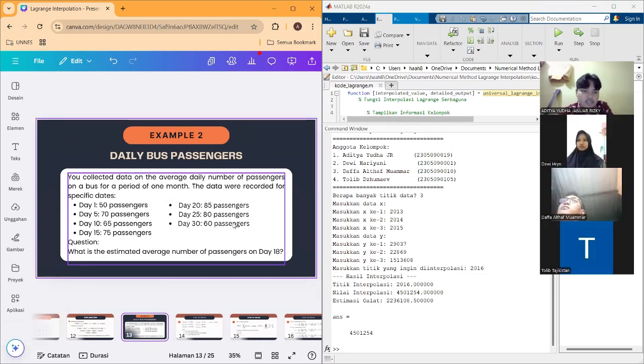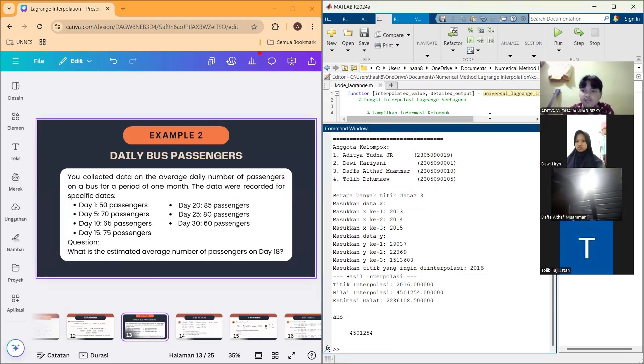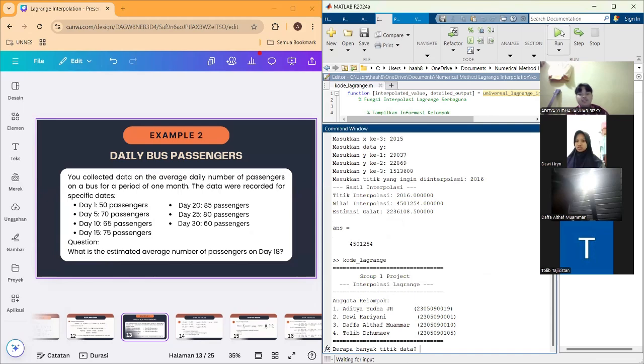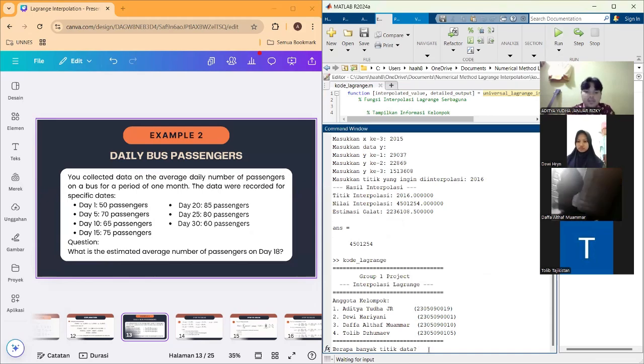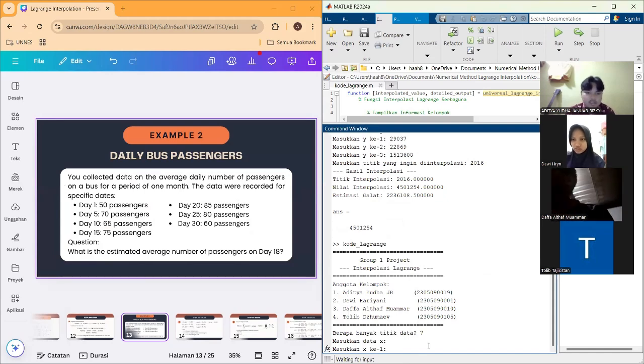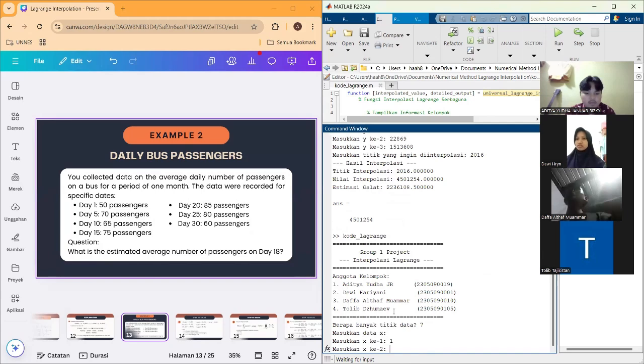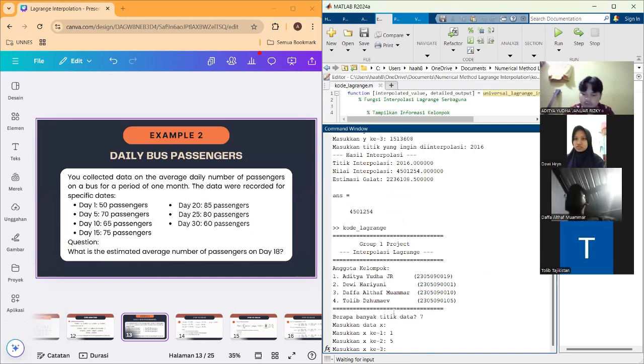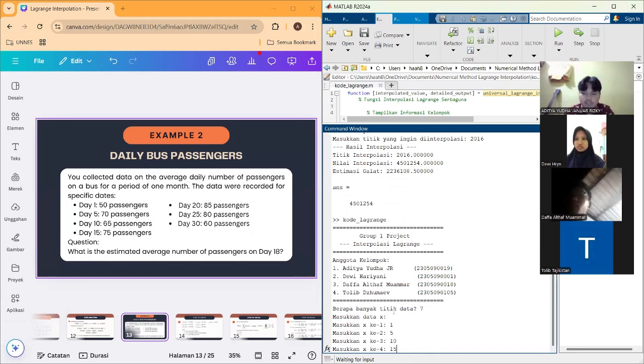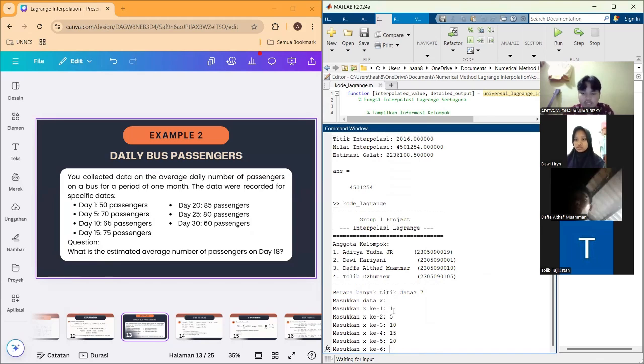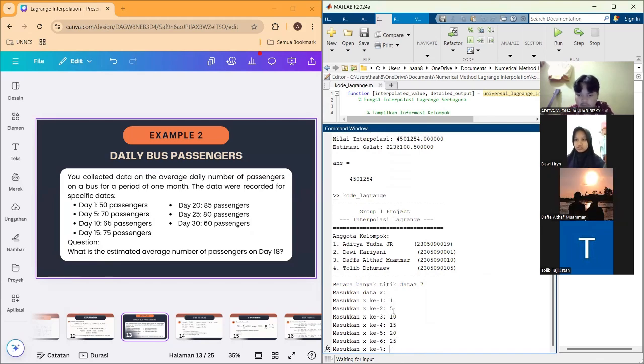As you can see, there are 7 data points in this example. So we enter 7 data points. The first data are 1, 5, 10, 15, 20, 25, and 30.